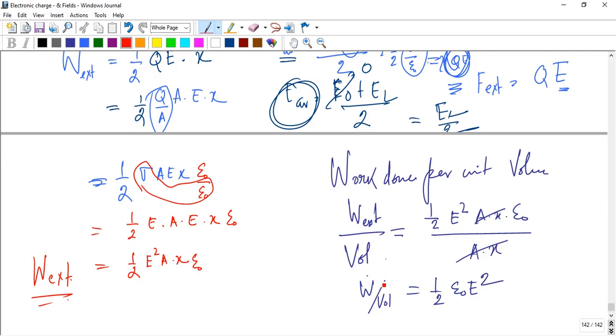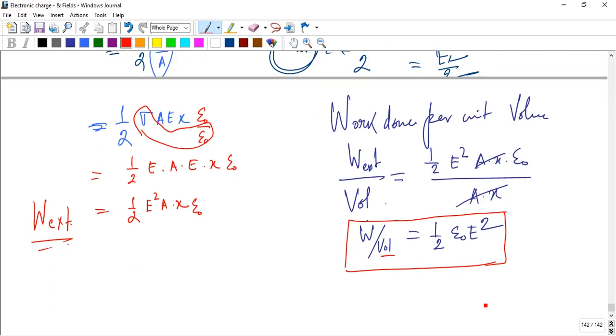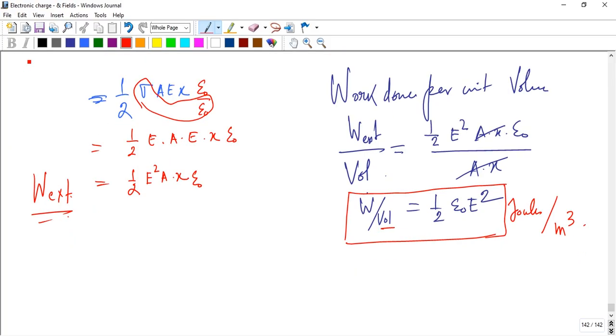Don't be confused, there's a volume and a potential. I put VOL for volume, and potential stands for capital V. Both symbols are V, so there is a confusion. The SI unit is joule, and volume's SI unit is meter cube, so joule per meter cube. So the energy, the work done, is associated with energy.